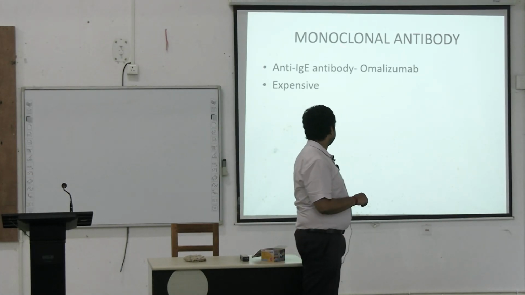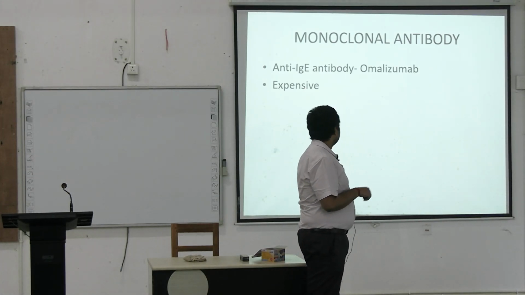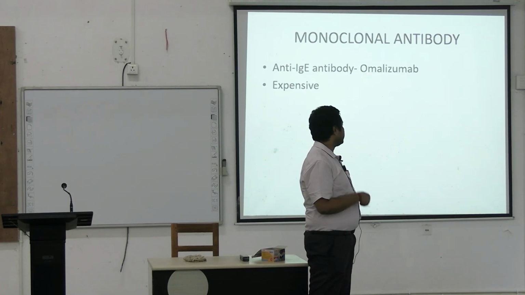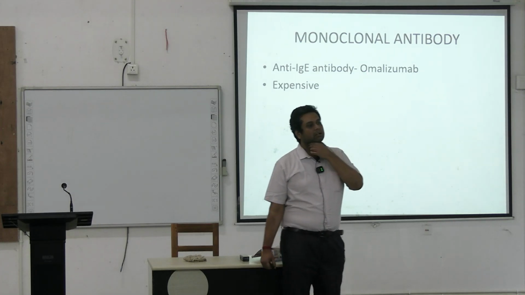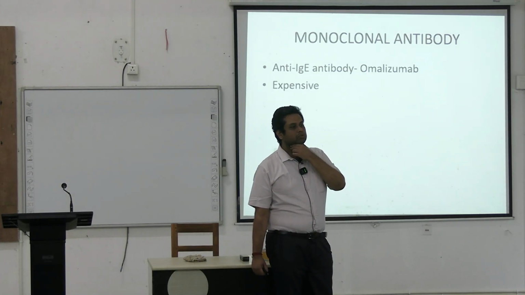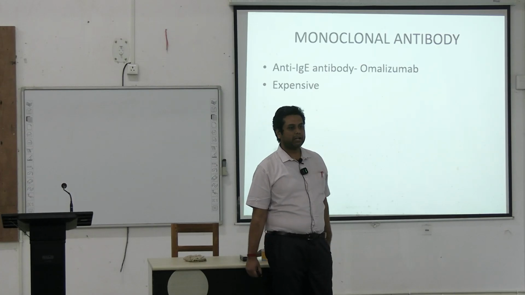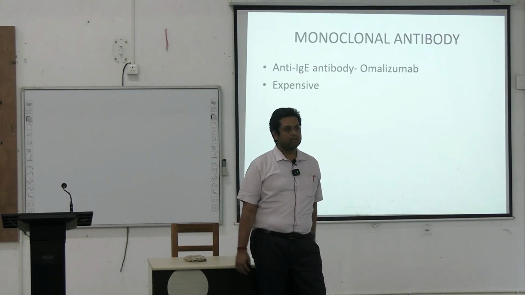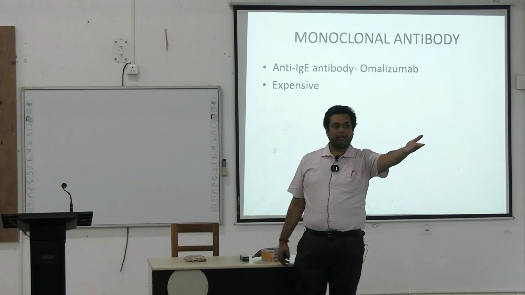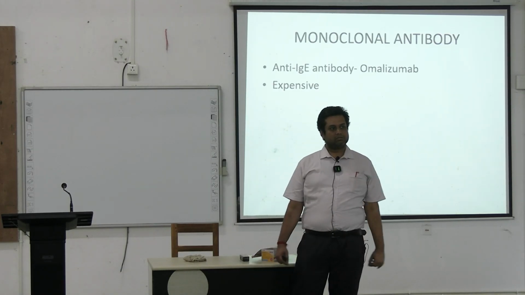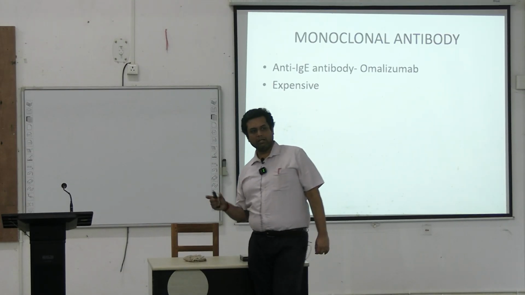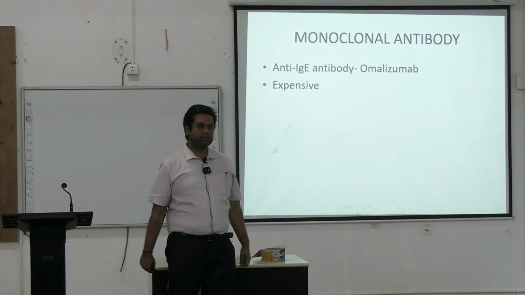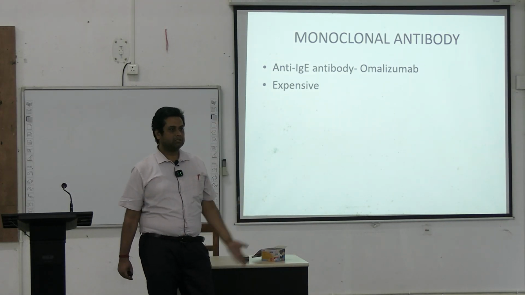Then monoclonal antibody, there is this name omalizumab. This "zumab" is a name for humanized monoclonal antibody. This is directed against IgE. What is the function of IgE? Anaphylaxis. So IgE binds to the mast cells and causes degranulation of histamine.